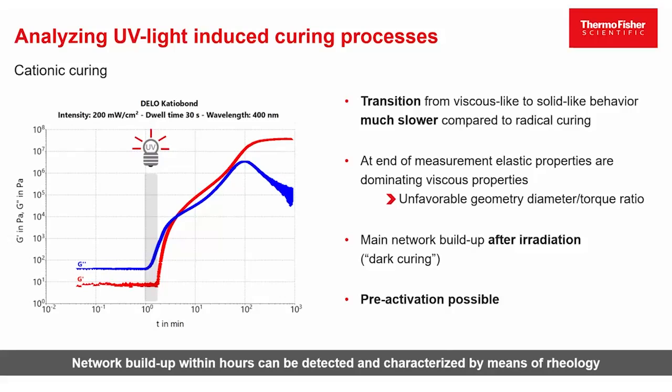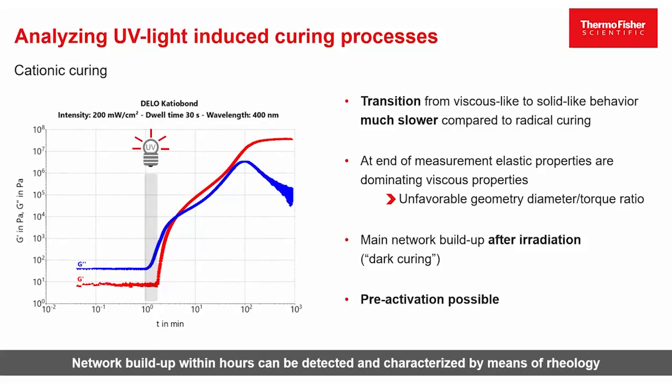Lastly, I would like to discuss a mechanism in which the curing is triggered by using a rheolite, but the transition from a viscous-like to a solid-like behavior happens much slower compared to the previous samples. Here, the final structure buildup takes several hours until the adhesive joint achieves its final strength.